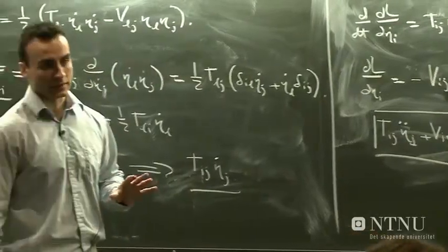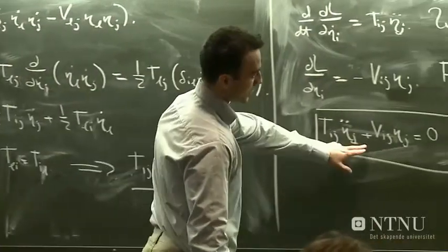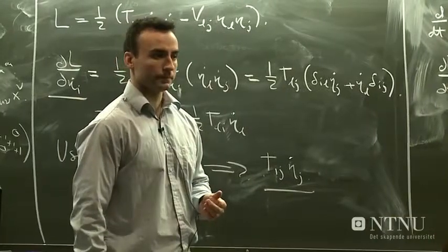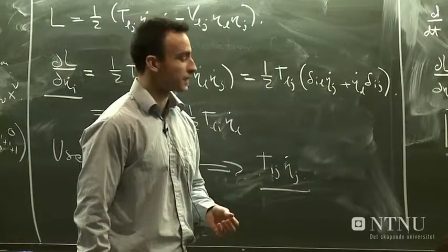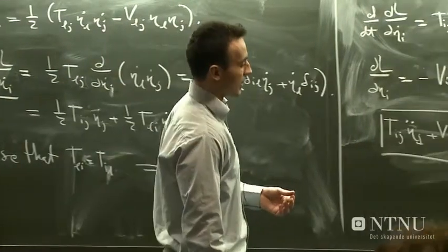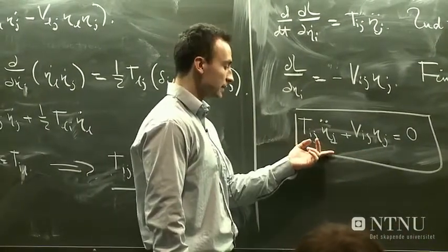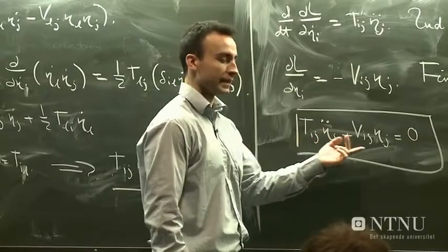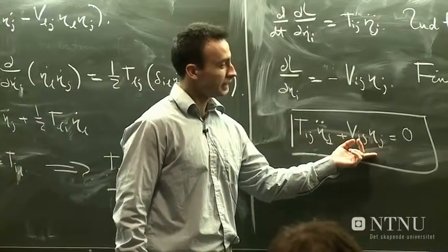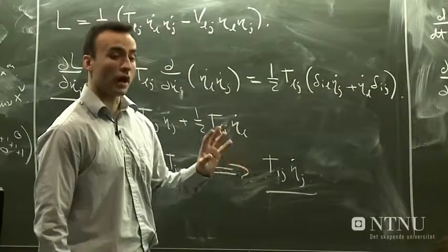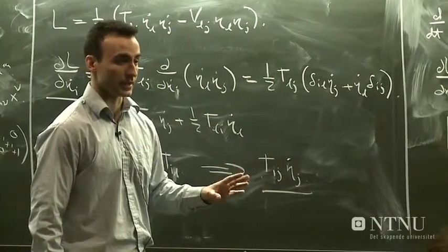Now I said that there's a strong resemblance here between this equation and the 1D harmonic oscillator, but at the same time there's a crucial difference. And that is that we have a sum here. We have a summation over j, both for the kinetic and potential energy. So in fact, this is a set of coupled second-order differential equations.